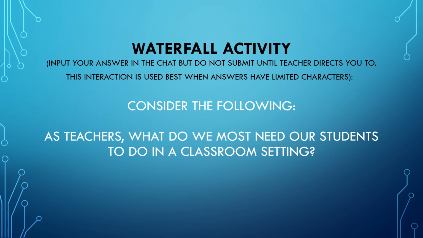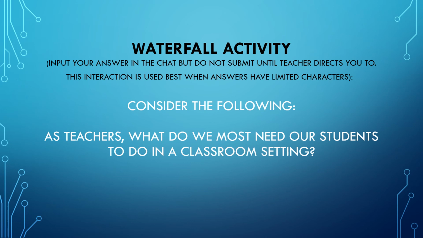So if this was in a synchronous setting where we were all on here together, I would pose the question, which I will now. As teachers, what do we most need our students to do in a classroom setting? If we were in a synchronous model, I would ask you in 3, 2, 1, hit submit.